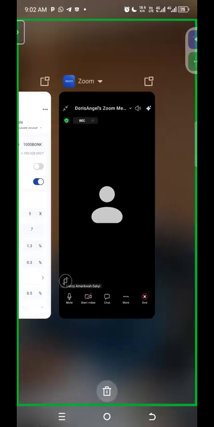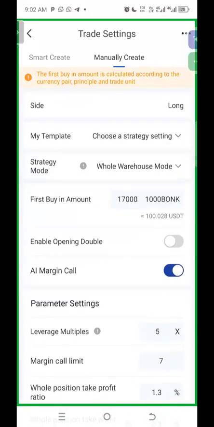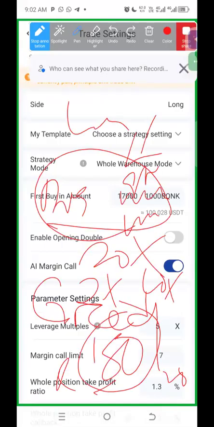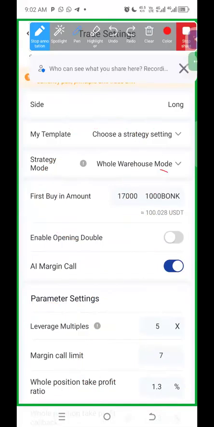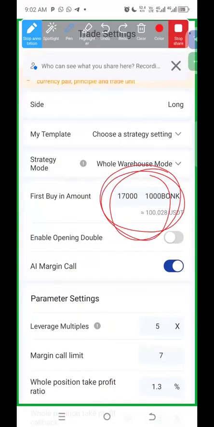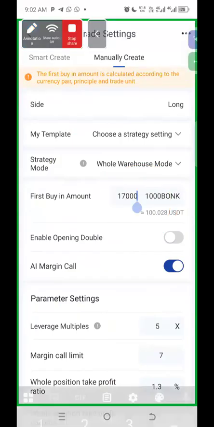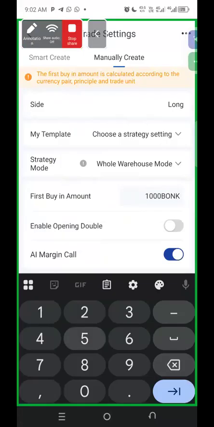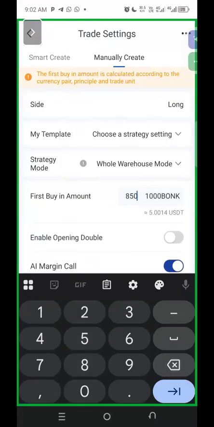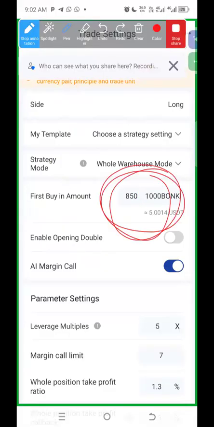Now, listen. Over here, we have the minimum of 850 thousand Bonk, and 850,000 Bonk is equivalent to about 5 USDT.